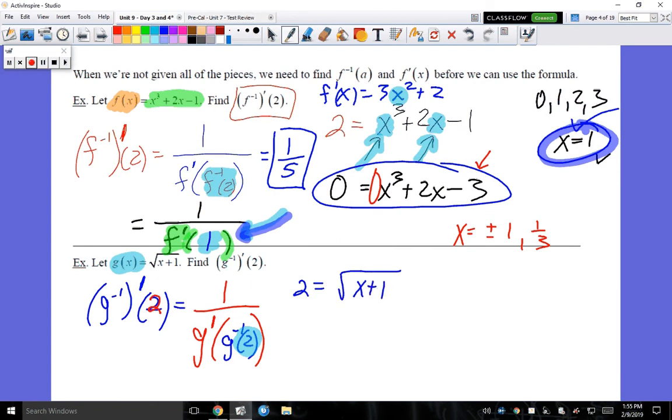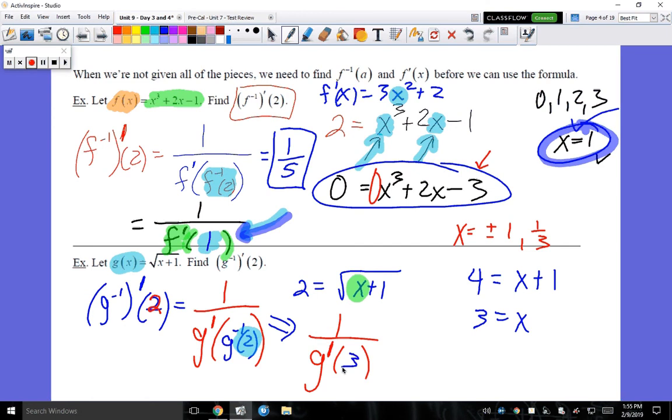Now all I have to do is solve for x. I'm going to square both sides, and I get 4 is equal to x plus 1. Then subtract, and I get 3 is equal to x. That means I'm going to rewrite this as 1 over g prime of the value 3 that I found.